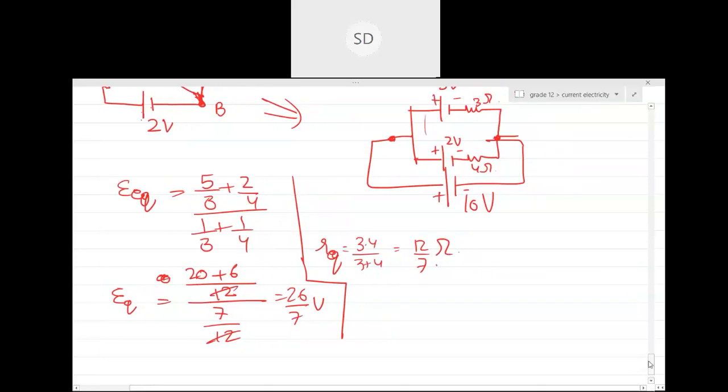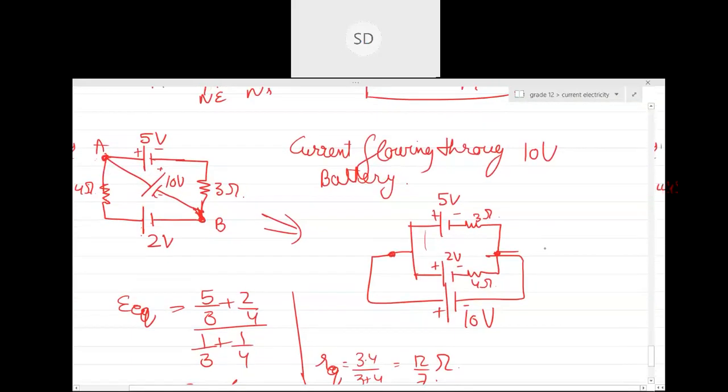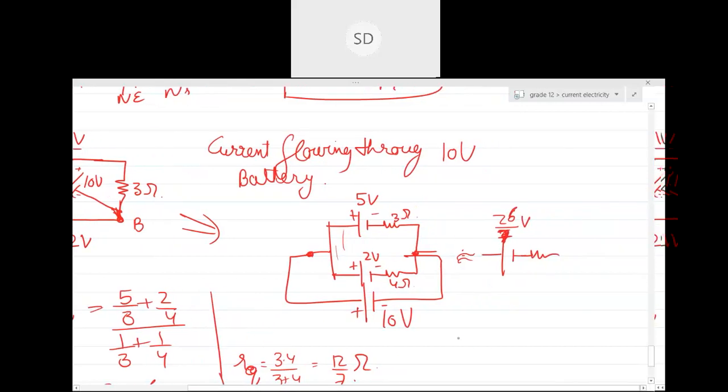Now what to do? You will remove this whole thing and connect 26 by 7 volt with 12 by 7 ohm across this 10 volt battery.